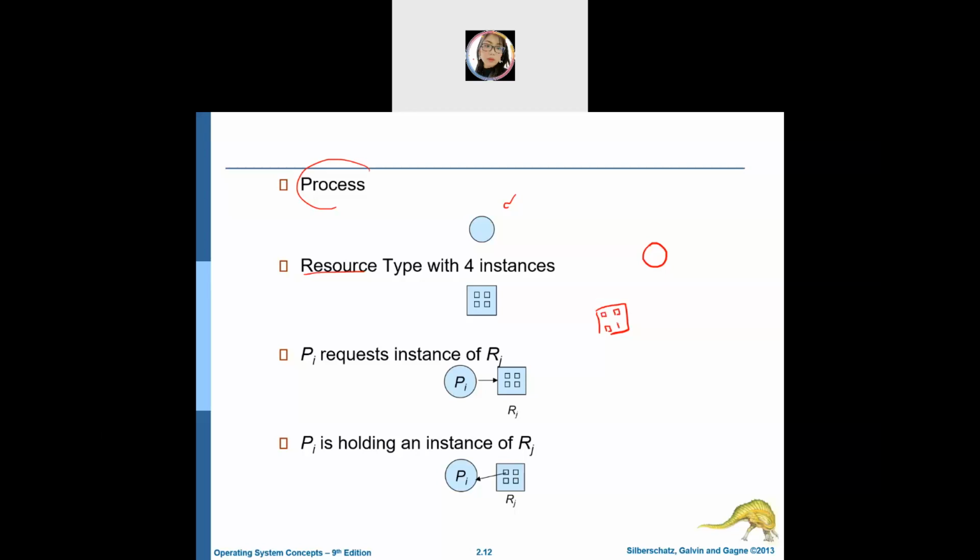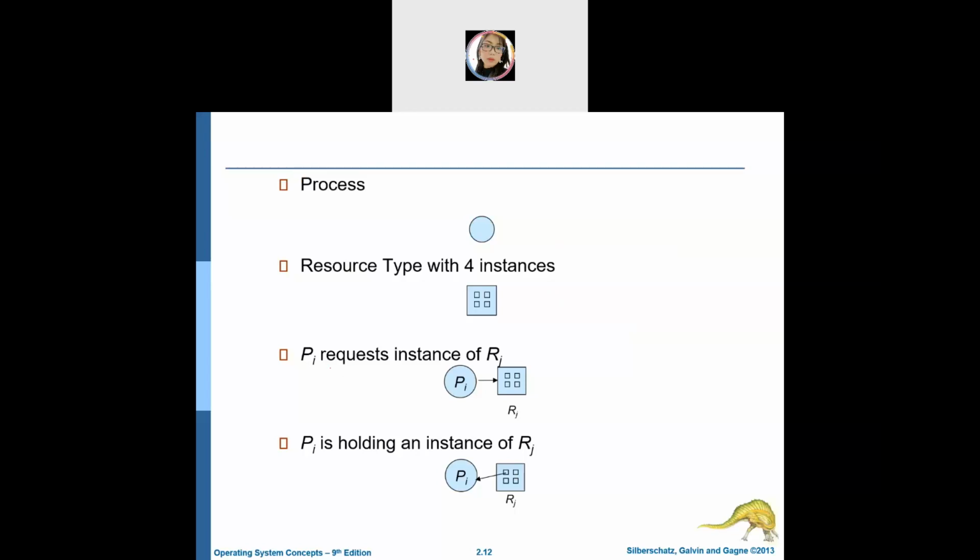What is the representation of this? It is an instance. If you don't have any instance, you don't draw any. But if you have one instance, two instances, you can draw them inside. So this is all the visualization you can use to visualize your process and resources.